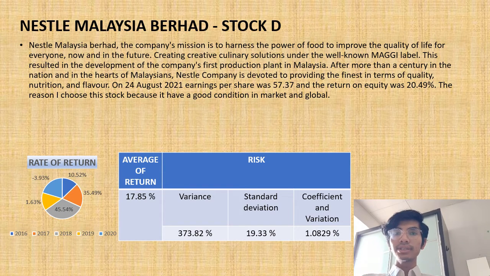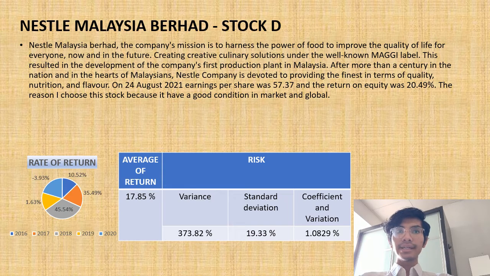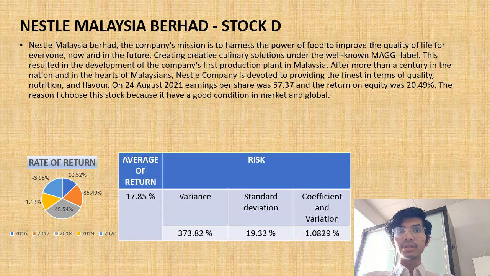The table shows that in 2016 the rate of return is 10.52, and the next year it increased to 35.49, and the next year increased even more. 2018 was 45.54 and then it dropped drastically in 2019 to 1.63, then even more in 2020, being negative 3.93.